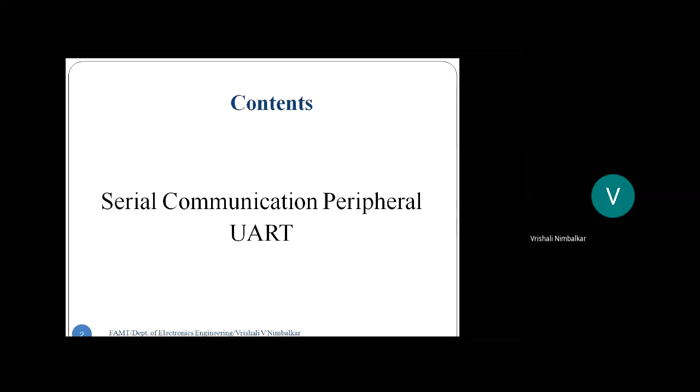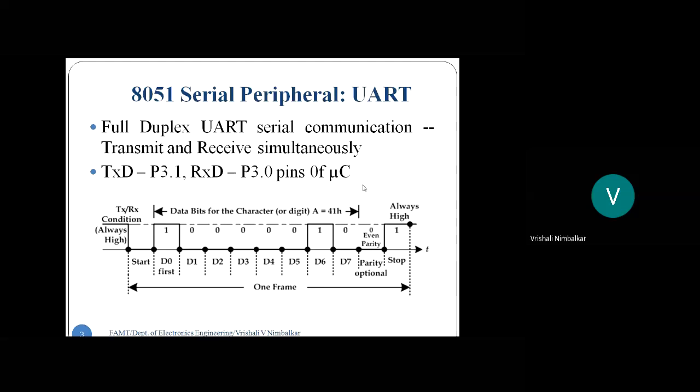The 8051 microcontroller has one serial peripheral circuitry. And what type of communication is it? Asynchronous. So we saw the initial category of communication is serial and parallel. We prefer serial communication, and under serial communication, again I can have two varieties: synchronous data transfer and asynchronous data transfer. Mostly the preferred one is asynchronous.